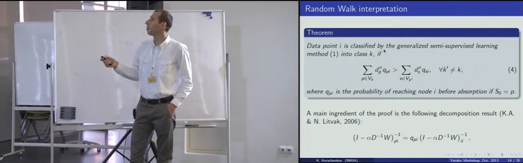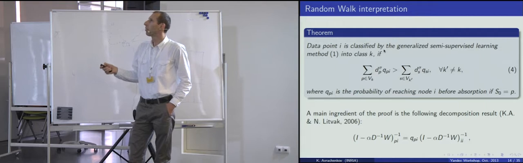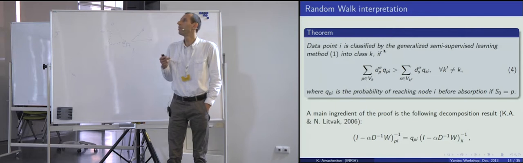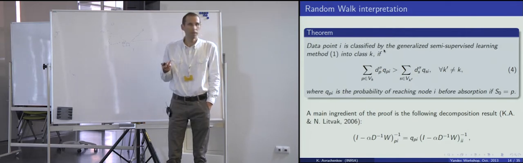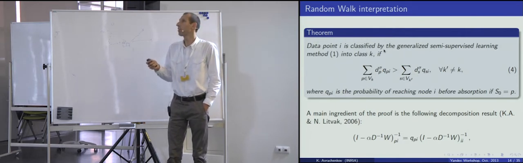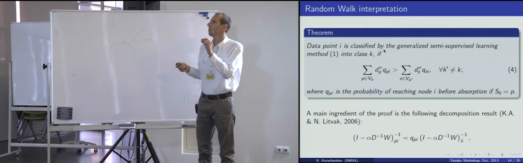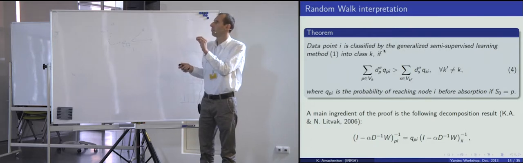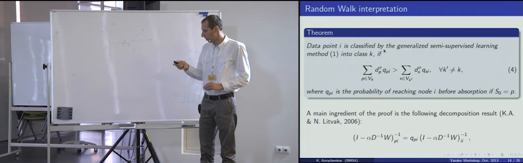So let's see how this criteria works. Suppose we're taking the PageRank based method. This means that we take sigma equal to 0, and this factor doesn't play a role, right? So we need to compare only Qs. Again, what does Q mean? Q means the probability of reaching node I if we start from labeled points.